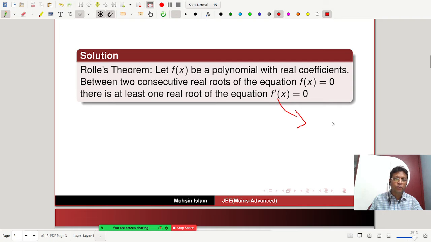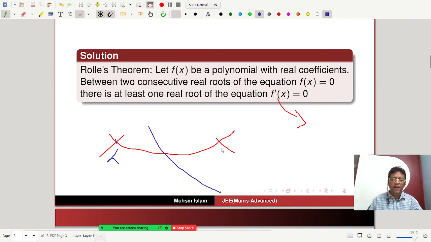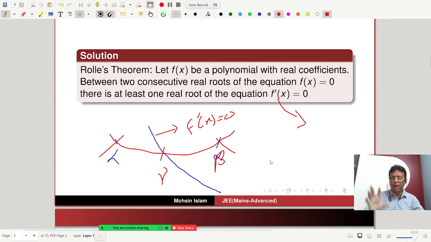So between two real roots, the roots of f(x) are separated by the roots of f prime x. If alpha and beta are roots of f(x), then gamma, between alpha and beta, is the root of the derived polynomial. So that is the main and very important concept.